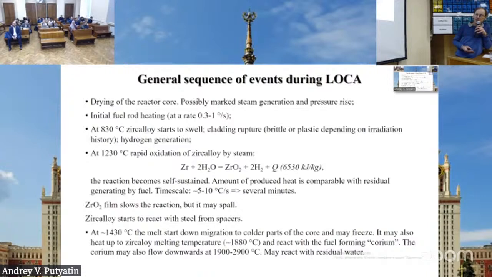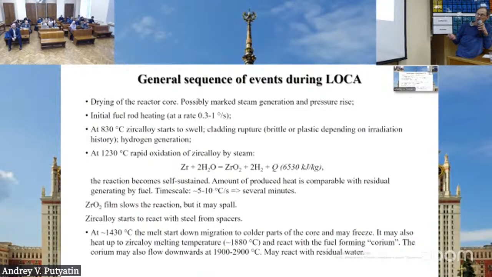And of course, hydrogen in air forms an explosive mixture, in quite a broad range of ratios of oxygen to hydrogen. It's still explosive. And this reaction is exothermic and it is self-sustained. So it goes up and heats more rapidly.